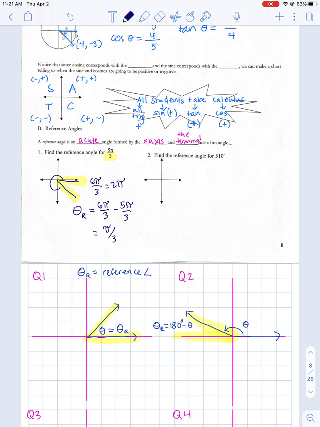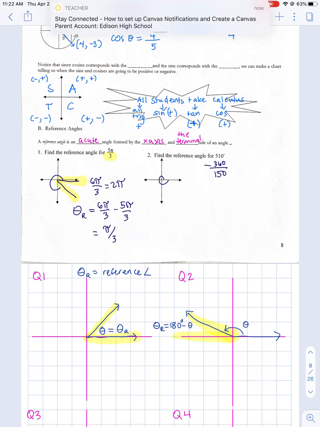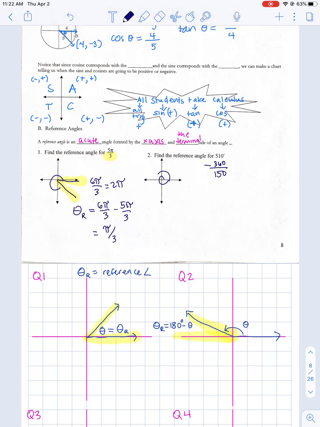So for the next example, you would have noticed that 510 is over 360. So we've made one full revolution. And to find out where that leaves us, if we subtract 360 from 510, we get 150, which means that we're 30 degrees shy of 180 degrees, which would lead us into the second quadrant.